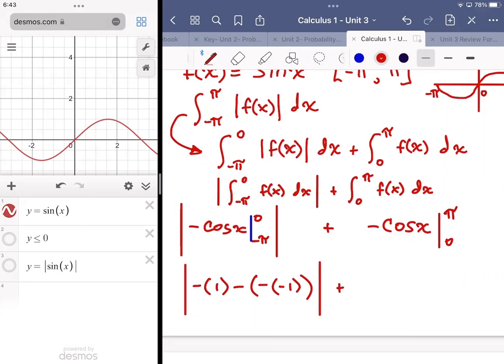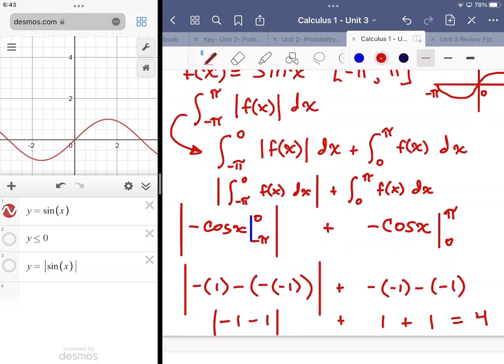Plus, the other piece: negative cosine of pi is negative 1, minus negative cosine of 0, which is a 1. So I have negative 1. Well, I've got 3 negatives here, so minus 1, absolutified, plus positive 1 plus 1. So I'm going to get a 2 plus 2, and that's going to give me a 4.